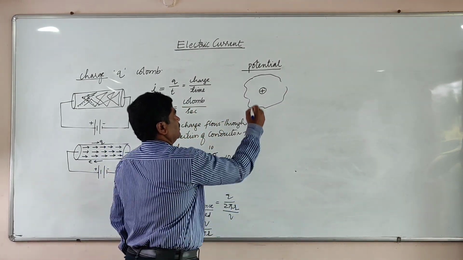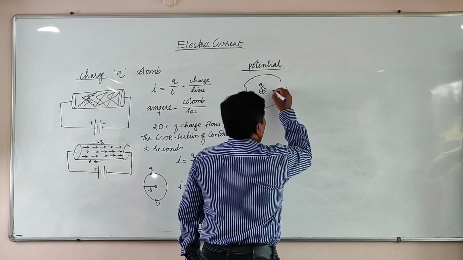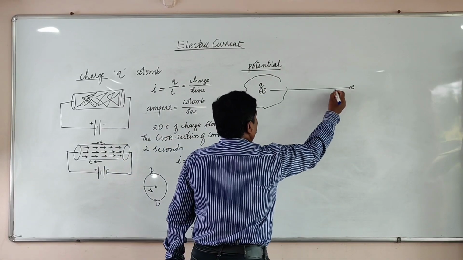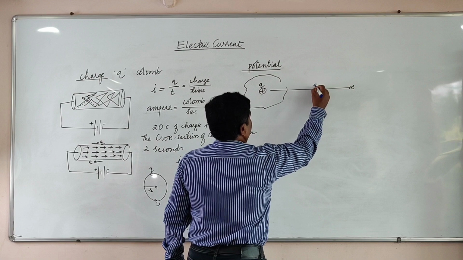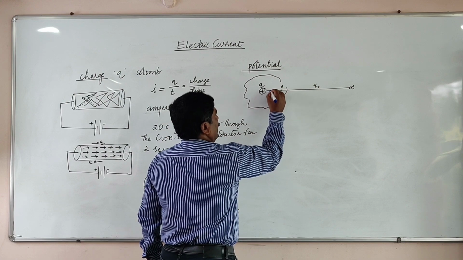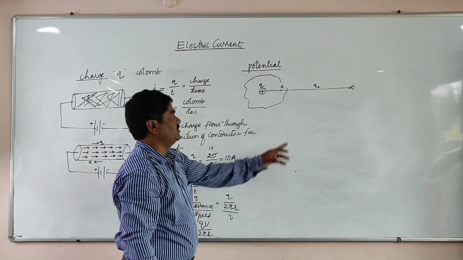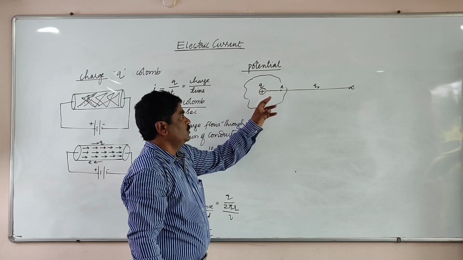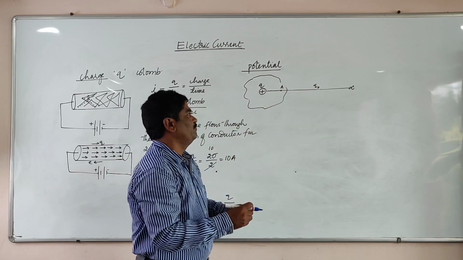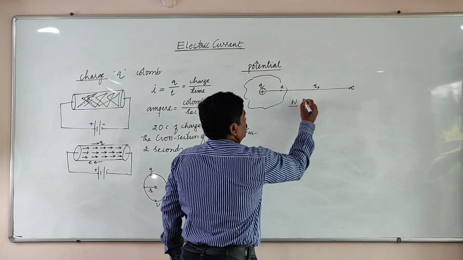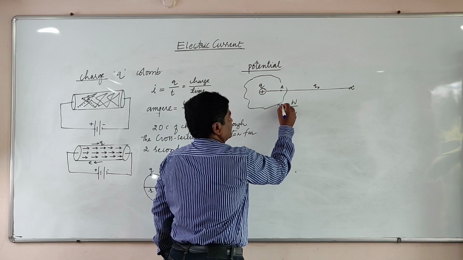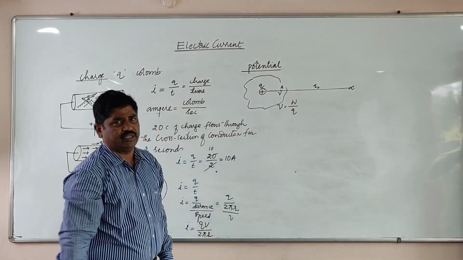If you bring a unit positive charge, Q naught, from infinity to a point A in the electric field, against the force of repulsion because it is also a positive charge, we should do some work. So the work done to move the charge into an electric field is known as the potential at that particular point.